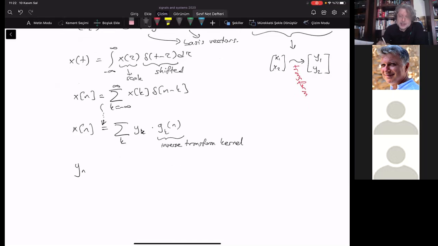This is the transformation. And it will probably be in the form of a summation of x of k times some different h sub k of n. And this h sub k of n is the transform kernel.